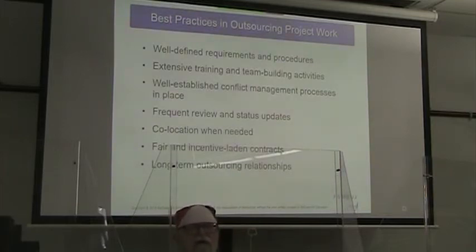We want a frequent review and status updates. Sometimes we're going to want co-location. That is to say that our contractor comes and works on our premises, or we have part of our team or all of our team working on their premises. We want to, of course, have fair and incentive-laden contracts.